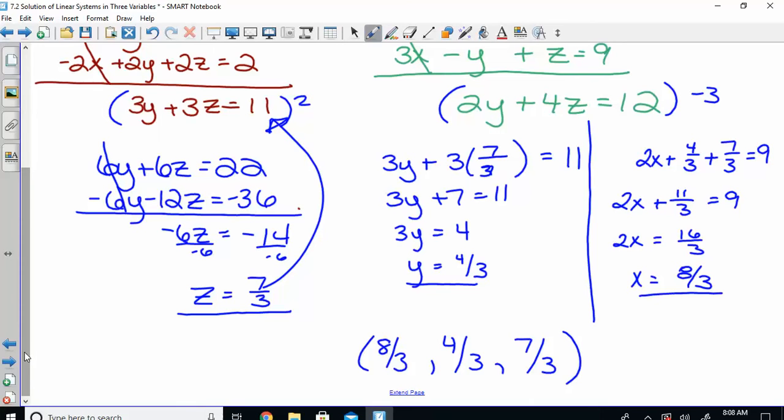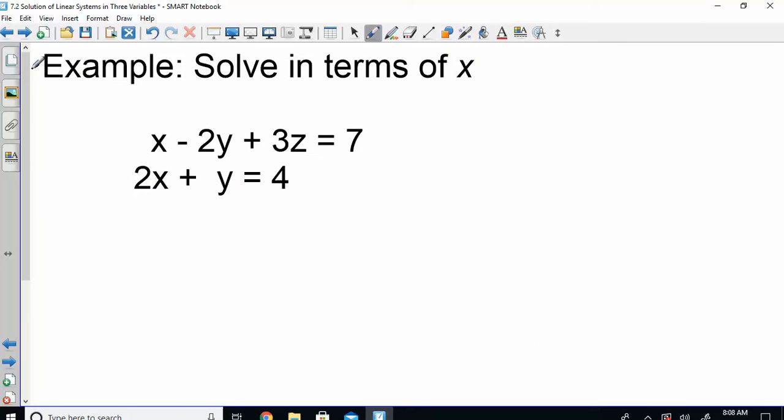Any questions on that one? One of your homework questions, like problem number 4, only has 2 equations. And it's something like this. It says solve for it in terms of x. So we have to find a way to describe our solution.